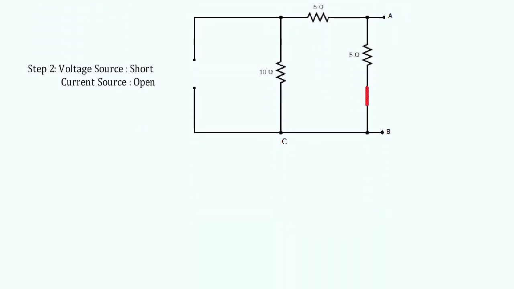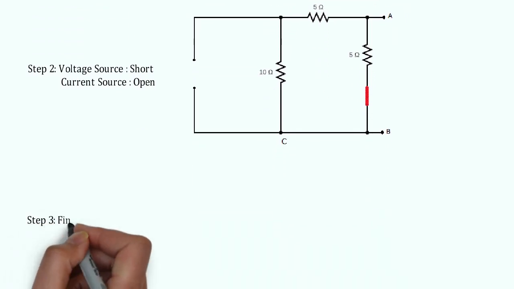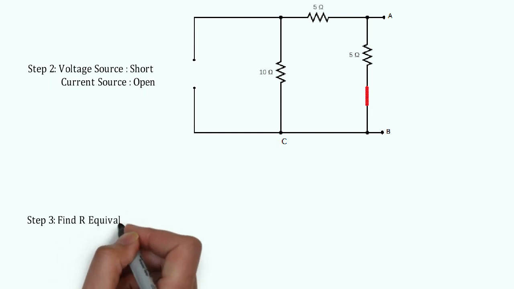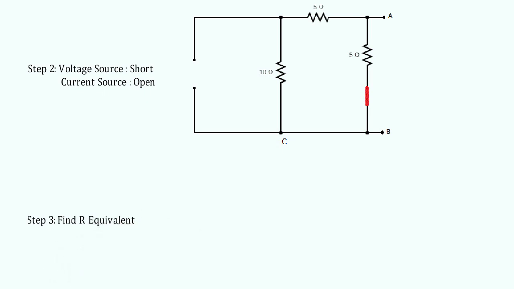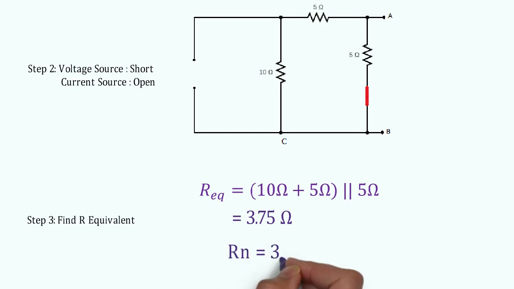Our final step is to identify the equivalent resistance between 2 points. Here, it can be seen that 10 ohm resistance and 5 ohm resistance are connected in series, and this whole combination is connected with a 5 ohm resistance in parallel. So, the equivalent resistance will become 3.75 ohm, and this is known as Norton's resistance.